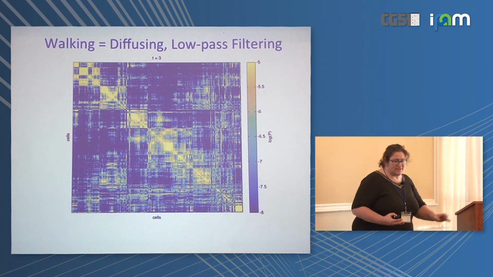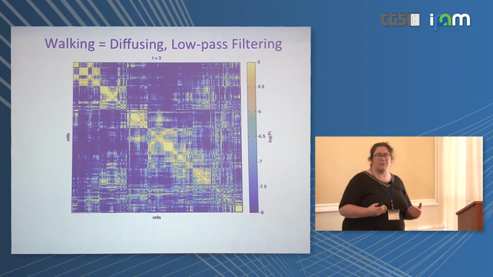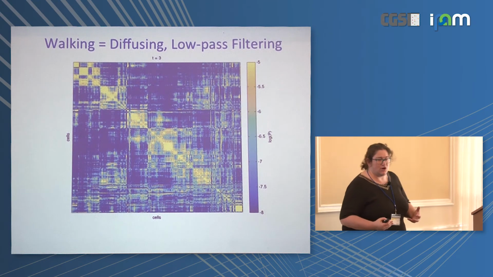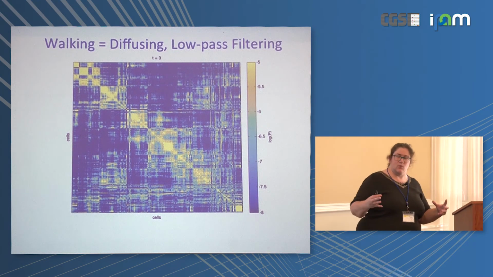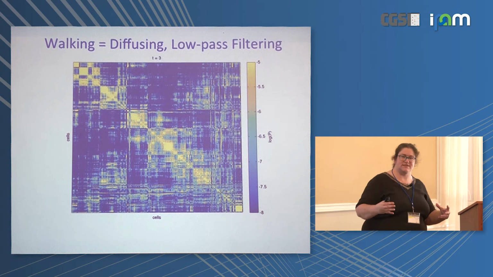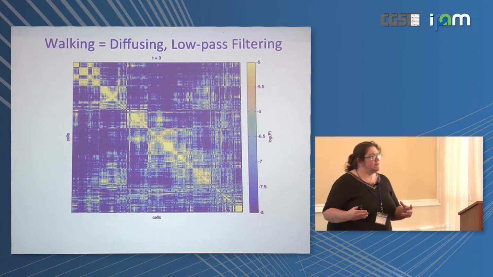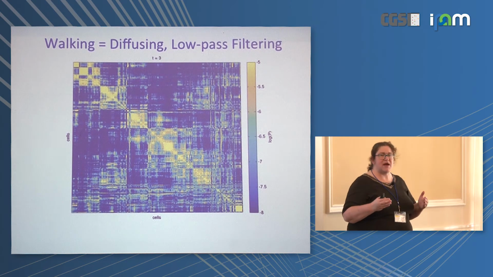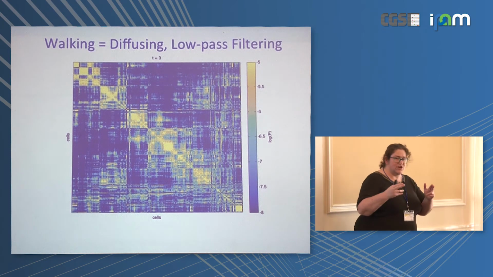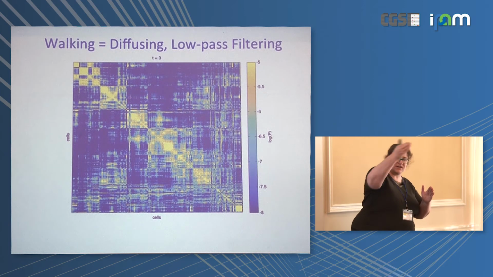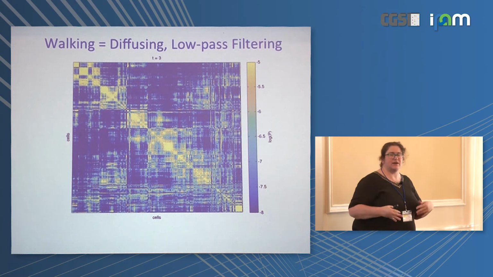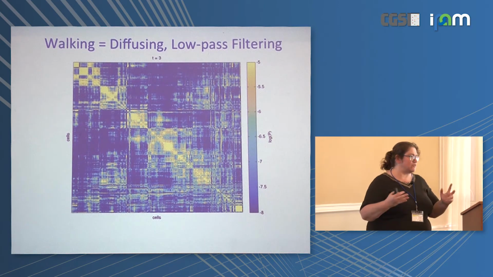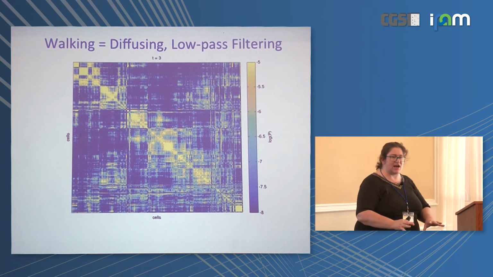Now the point is that this is a weighted walk. This is the probability of reaching from cell 1 to cell 2. So I expand my neighborhood. On one hand, yes, I can get to more distant cells, but paths that are very likely, two cells that are connected through many paths in a very dense region, two cells that are very connected through here and here and here and here, get a bigger weight, and cells that only have one path, which might be outliers, actually lower their weight.